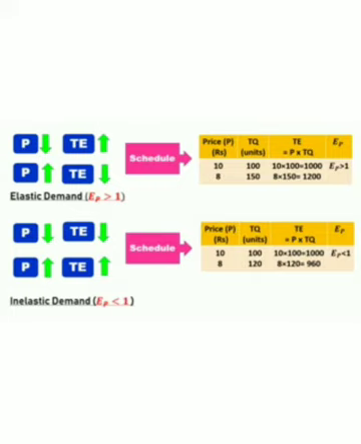With a fall in price to rupees 8, total quantity purchased increases to 120 units and total expenditure becomes rupees 960. Here, total expenditure has decreased with the fall in price. Hence, EP is less than 1.